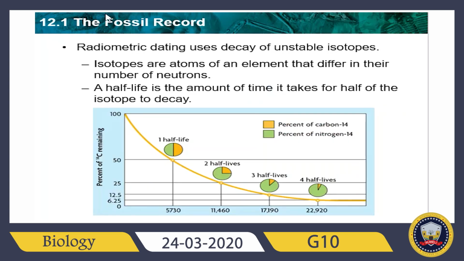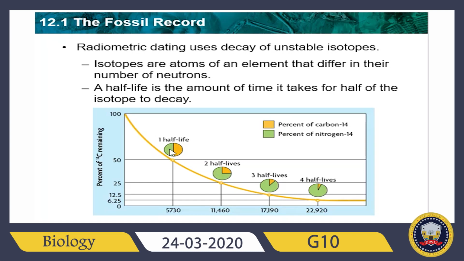So guys, some isotopes have unstable nuclei, and as a result their nuclei undergo radioactive decay. Here, guys, they will break down over time in order to reach a more stable state. So this releases radiation in the form of particles and energy.